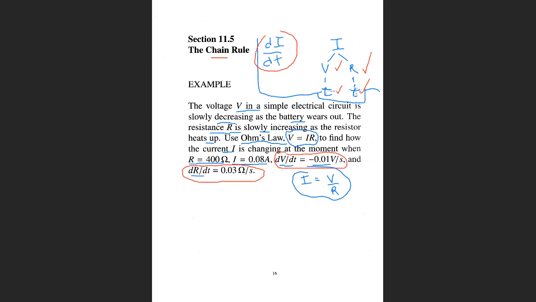So we're going to use a chain rule, but the chain rule that we use has to be based on the relationship of the current to the voltage and resistance, and then the voltage and resistance's relationship to the time. Here's the chain rule we need to use.